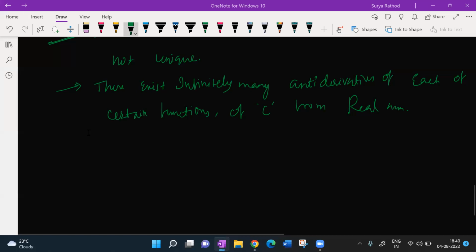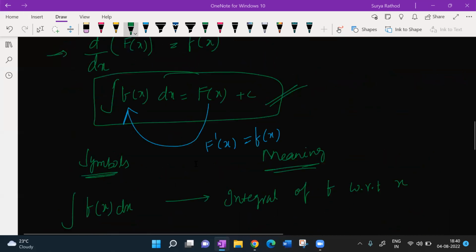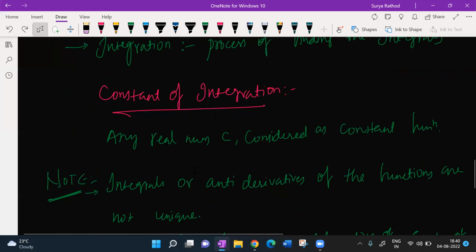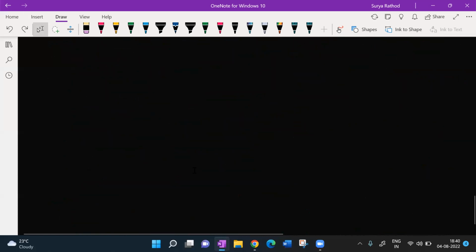Right. So we have spoken about the general value. What is the general value? If I integrate any function called f of x with respect to x, then I would be getting capital F of x plus C. Just look at this here. As I told you, I'll tell you again.